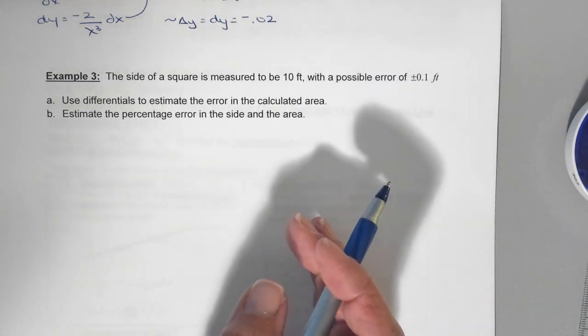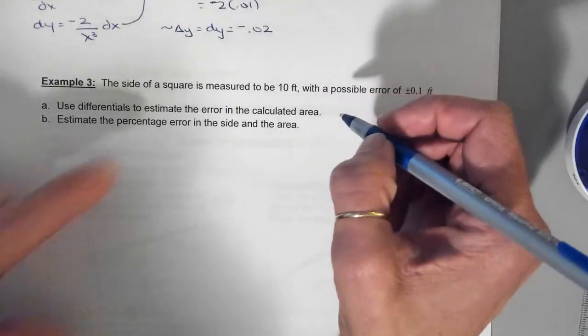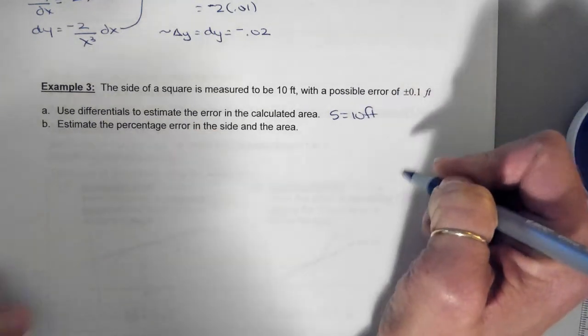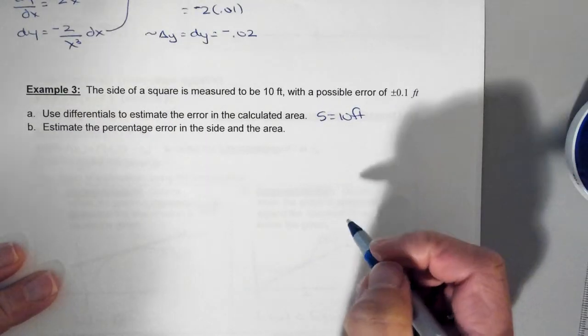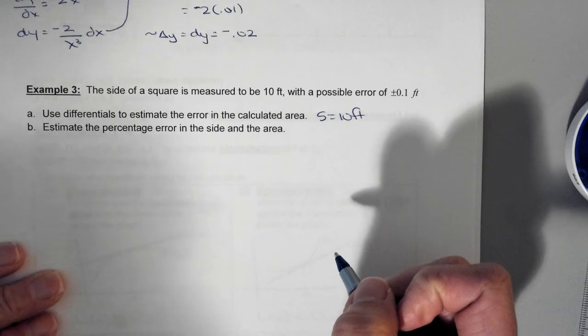So the sides could be bigger than 10 feet or sometimes a little bit smaller than 10 feet. So our side is equal to 10 feet, and the error means that the sides could potentially change by plus or minus 0.1 ft.